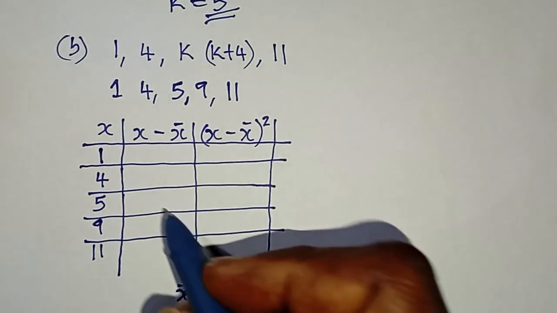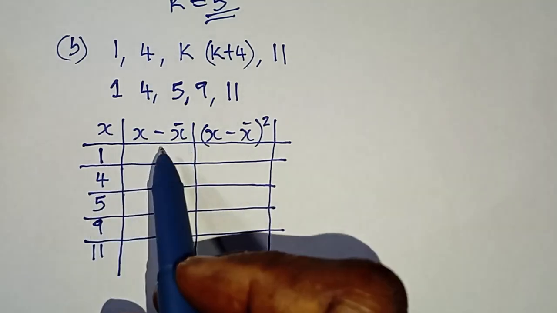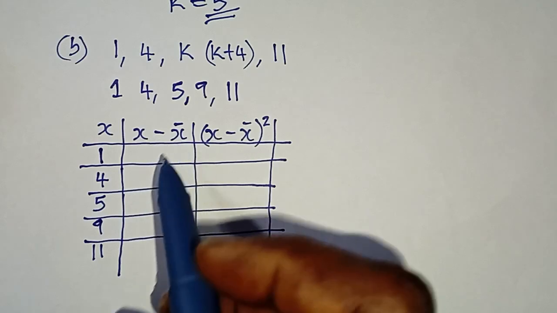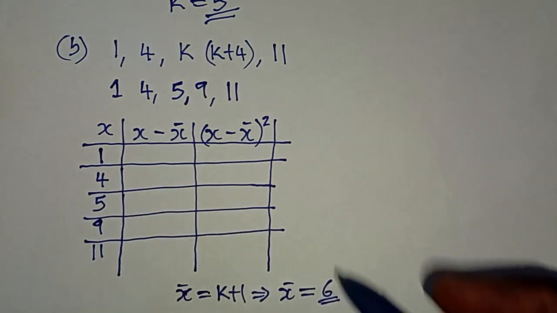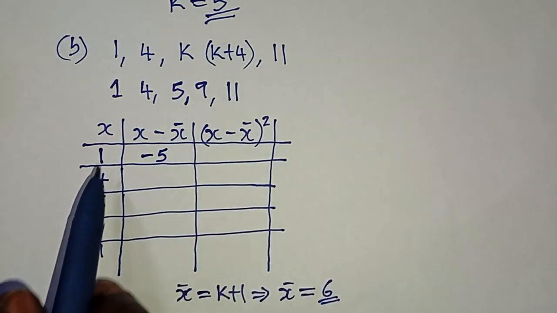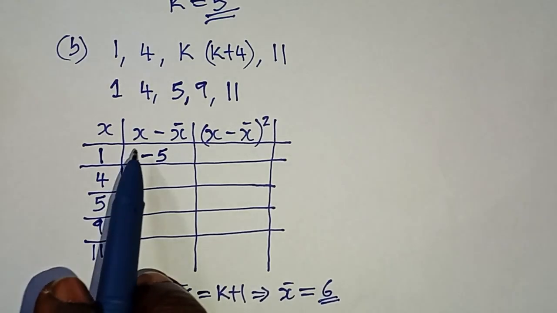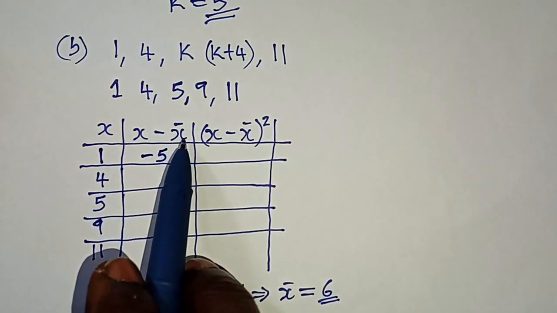So coming back to the table, it says x minus the mean. That means each of these values, we are going to subtract the mean from each of these values. So x minus the mean. Don't forget, this value is 1 and the mean is 6.